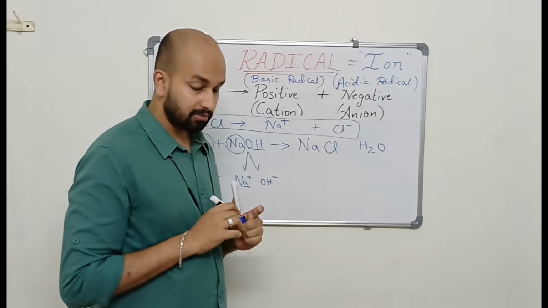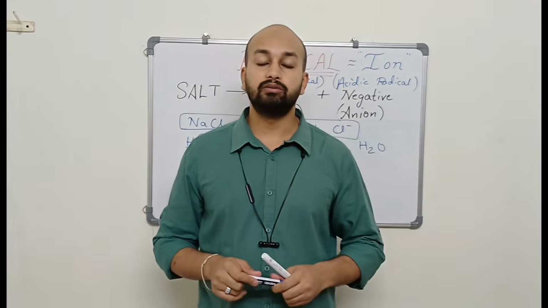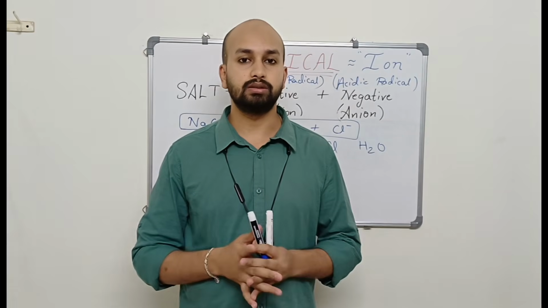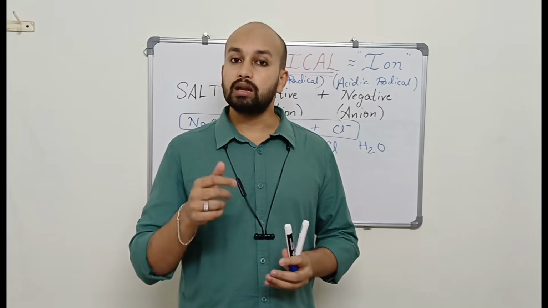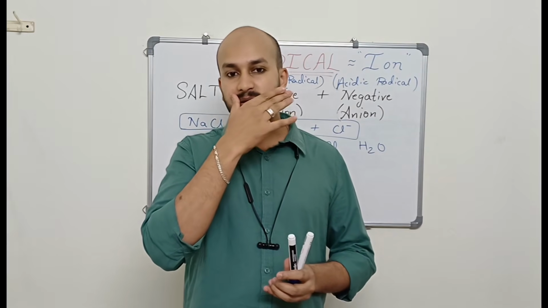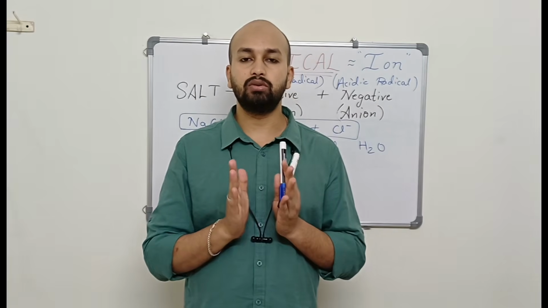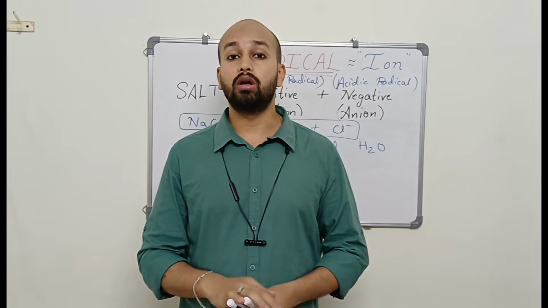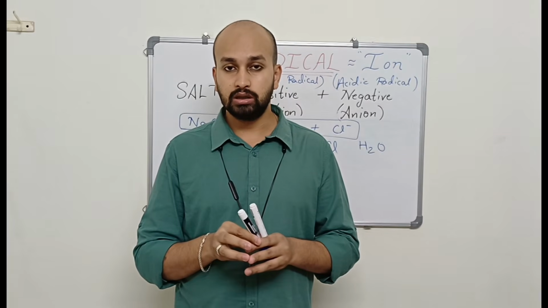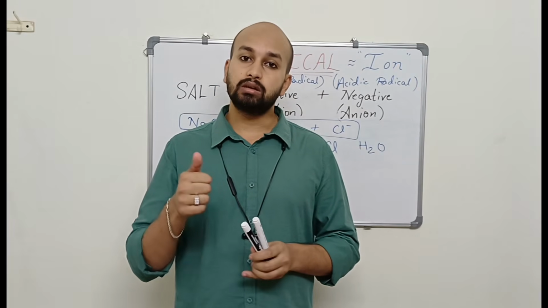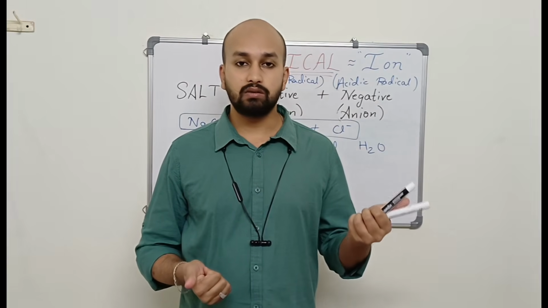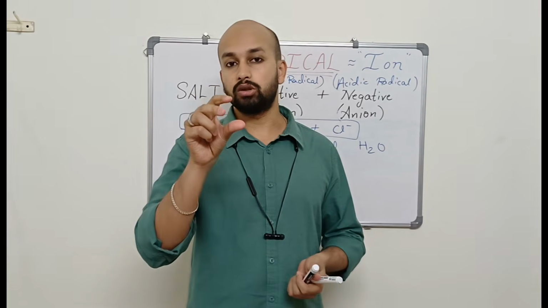Got it? But we are still not clear as to what a radical is. So radical is a particle, or let me give you a proper definition. Radical is an atom or a group of atoms, which is either positively charged or negatively charged, behaving as one unit.